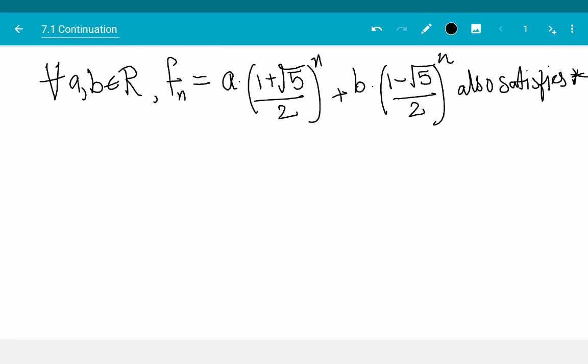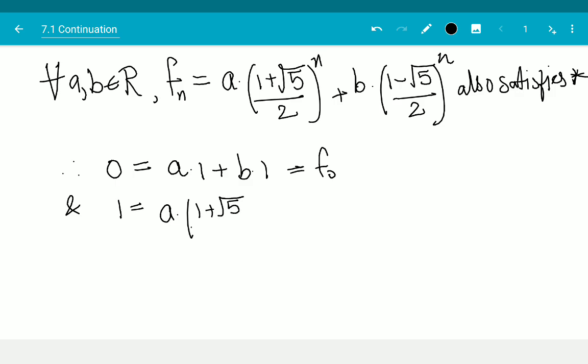That gives me this. Therefore, 0 is equal to a times 1 plus b times 1, if I put n equal to 0, and 1 is equal to, well, this is f(0), f(1), which is a times (1 + sqrt5)/2 plus b times (1 - sqrt5)/2.